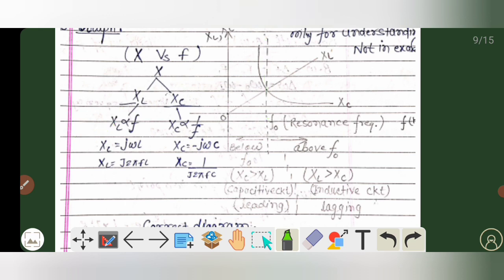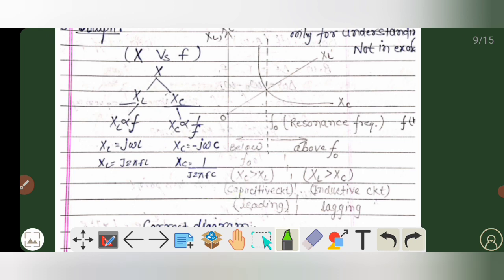On the left hand side of this, we will say below F naught, and on the right hand side, above F naught. So in the below F naught region, the value of XC is greater than XL. In this case, the circuit will be totally capacitive in nature, or we can say leading in nature.